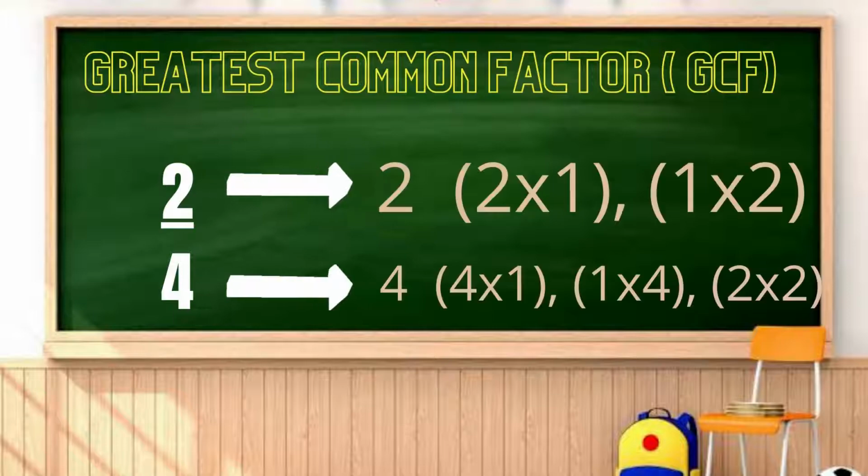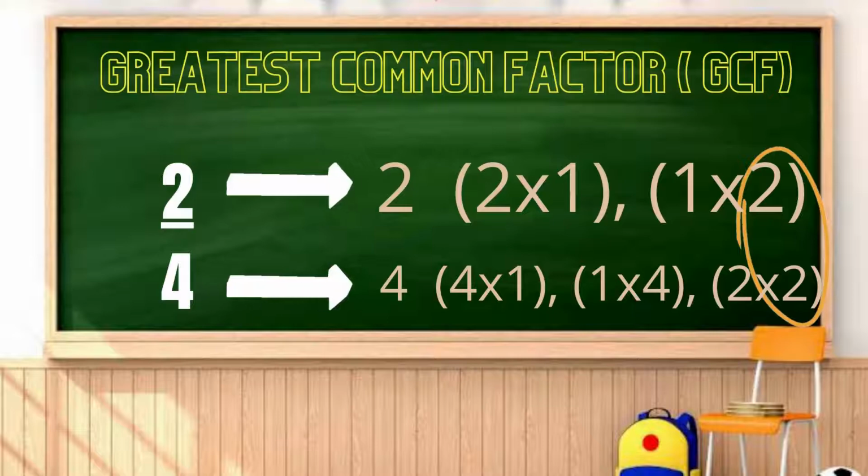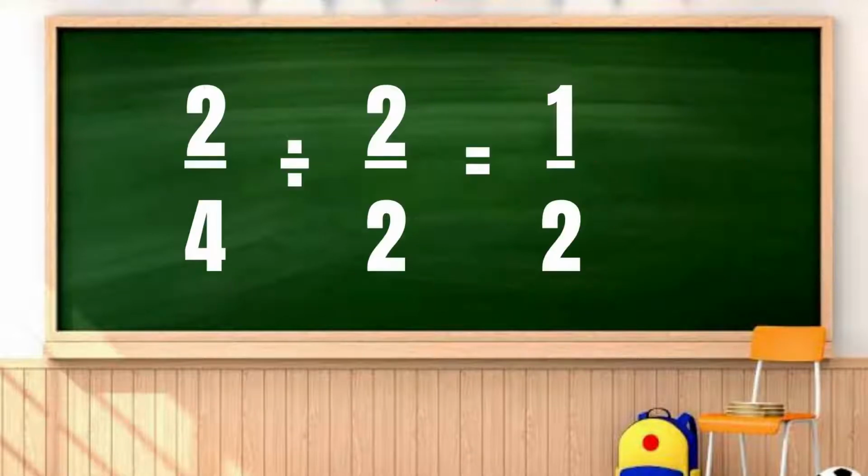For the denominator 4, we have 4 times 1, 1 times 4, and 2 times 2. So the factors of 4 are 1, 2, and 4. Then you get the greatest common factor, which is 2. Then divide it to both the numerator and denominator to get the lowest term. So therefore, the lowest term of 2/4 is 1/2.